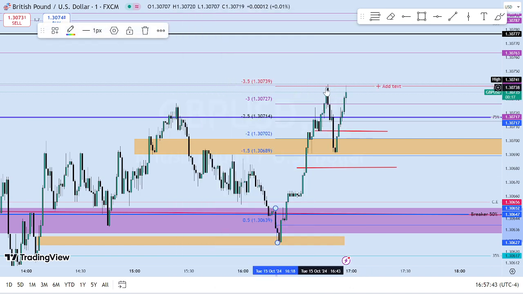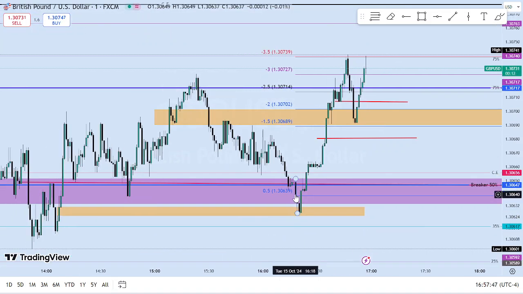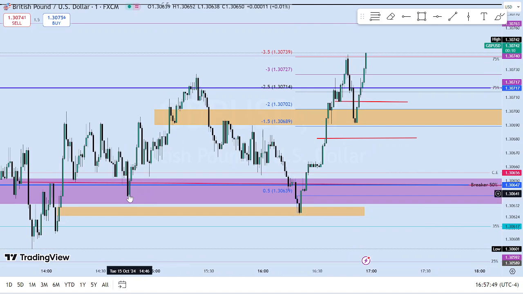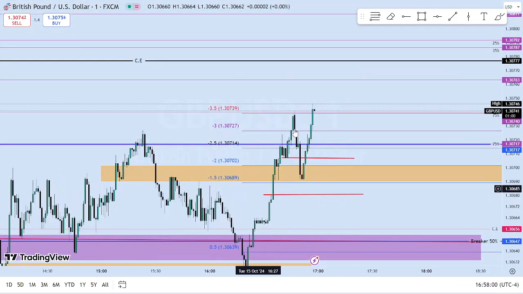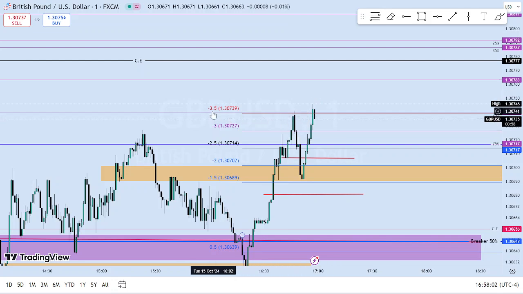You can take your profit here after you see this kind of thing in the marketplace. A low, a high, then a lower low, then a break of structure here. Then you can pyramid your standard deviation, targeting minus 3.5 for your partial.